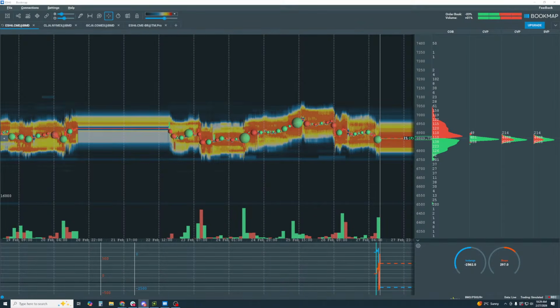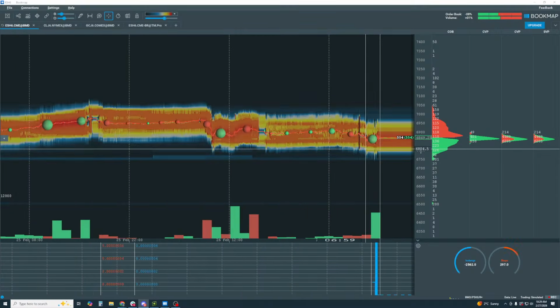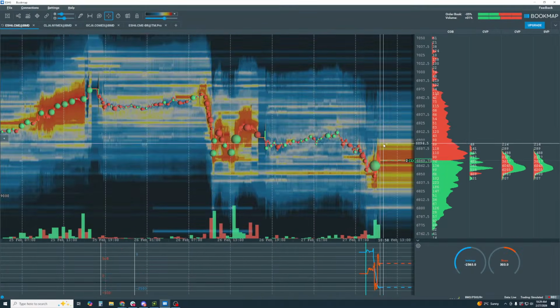For the first 30, James, that we focus on the ES only. Not sure what you mean by that. But I mean, focus on what you trade.